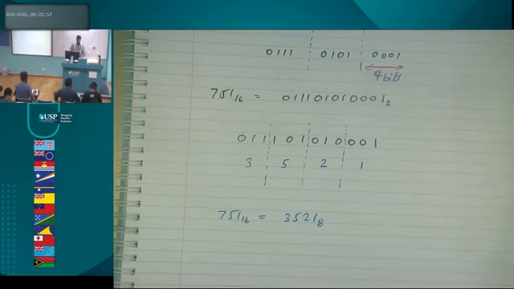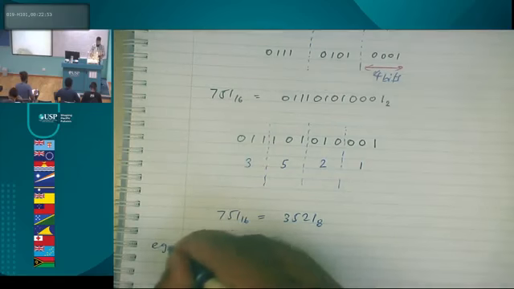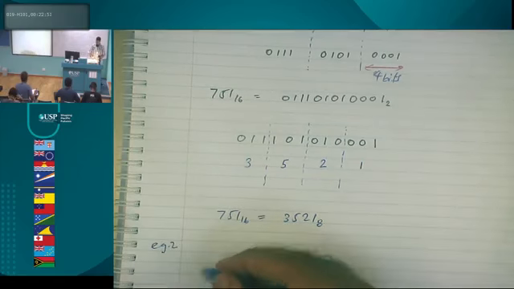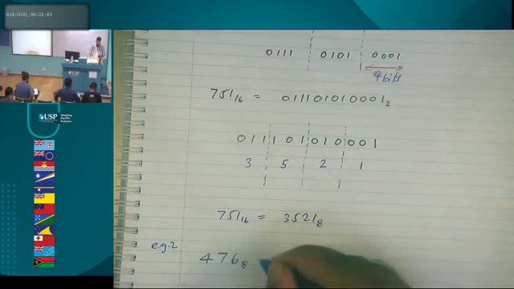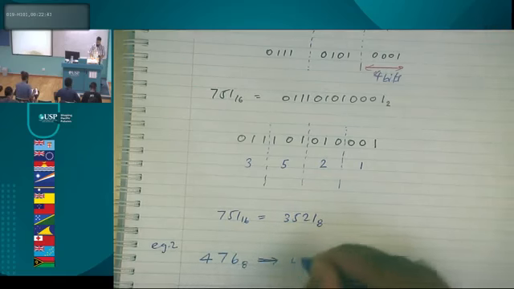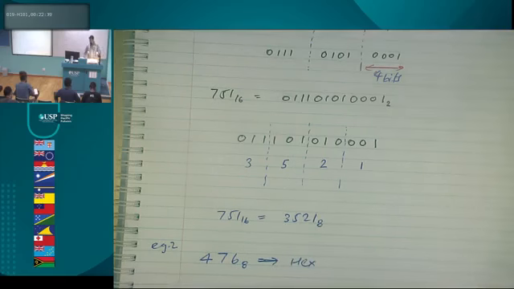Right. Let's now do another one. Let me give you 476 base 8, and I want you to convert it to hex.